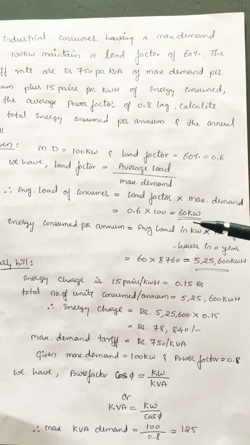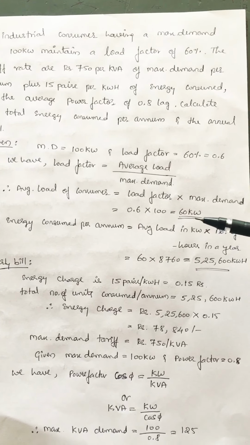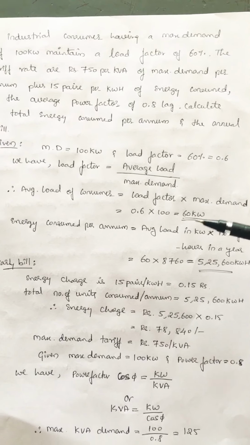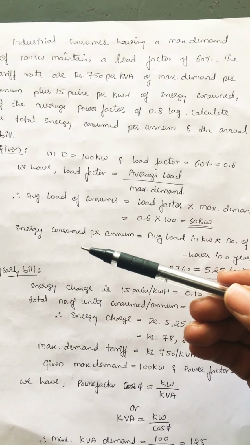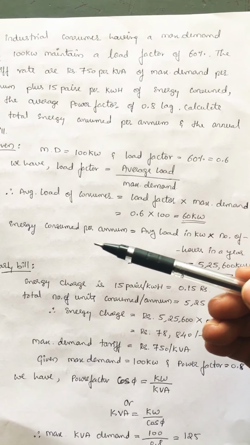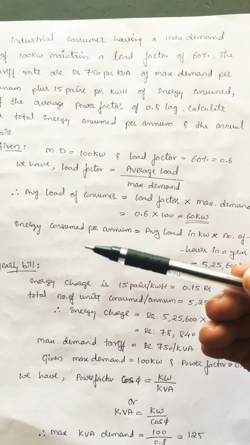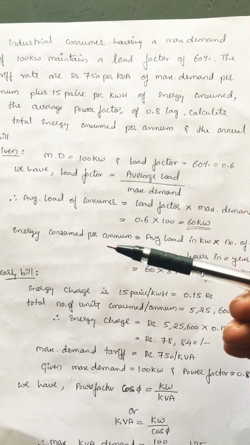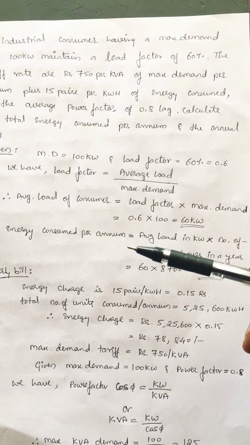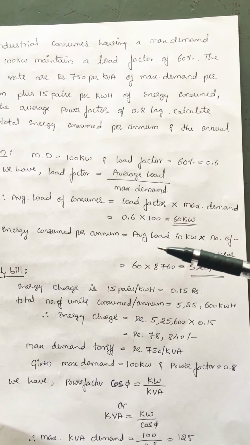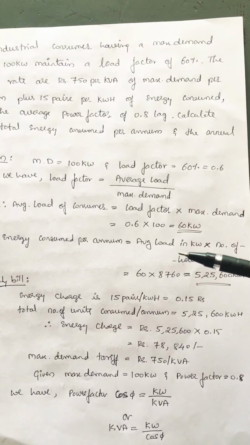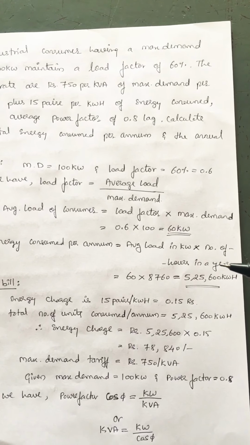Once we know the average load of the consumer, we can easily calculate the energy consumed per annum by the consumer. The energy consumed per annum is given by the formula: average load in kilowatt into number of hours in a year.